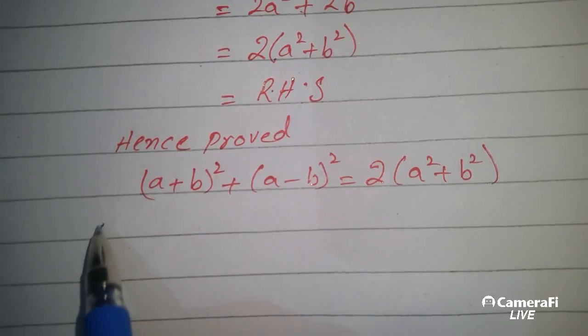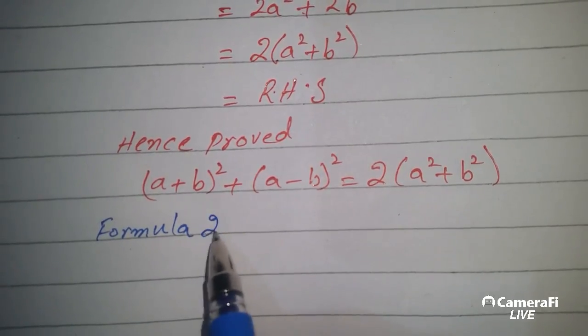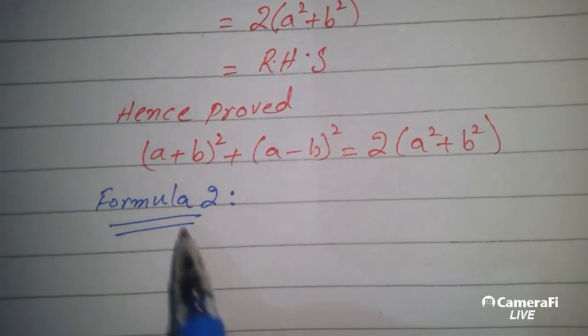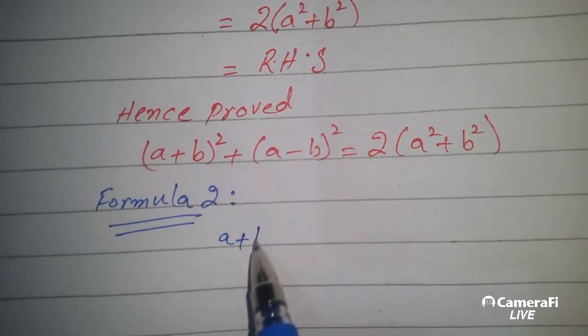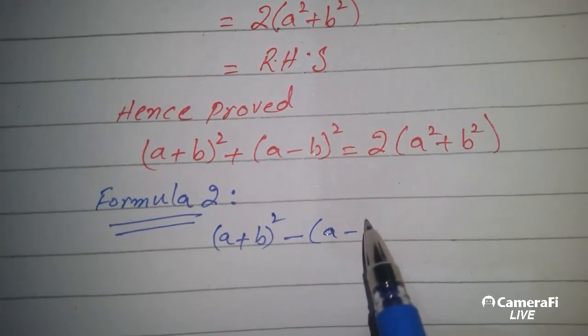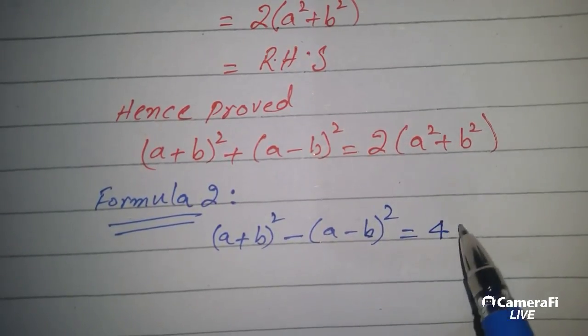Formula number 2. (a plus b) whole square minus (a minus b) whole square equals 4ab.